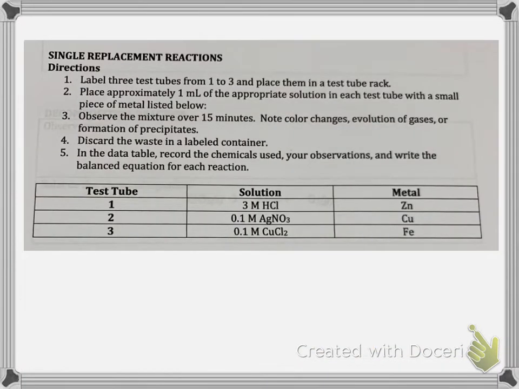And so the next set of reactions are single replacement reactions. Remember, you're recording your observations as to what you see in the reaction from the pictures. And so there were 3 test tubes, and in general what happens is we have something by itself. So here's all the things by itself.